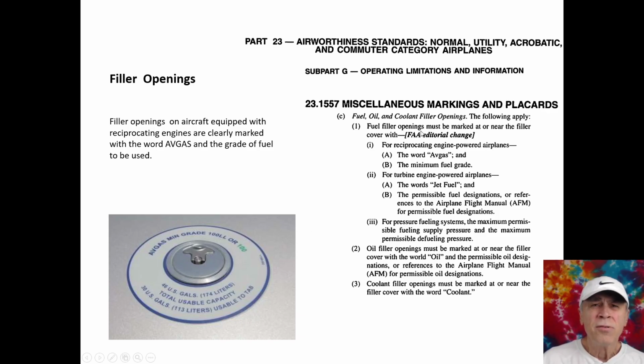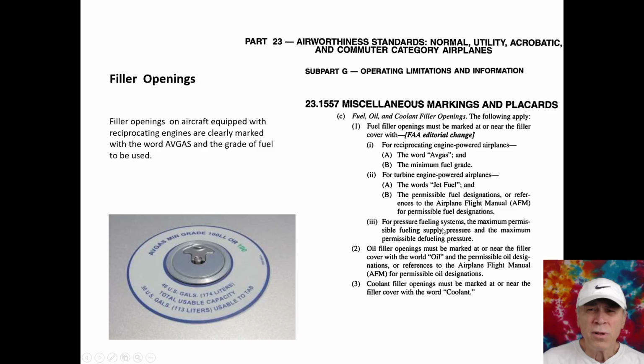and in this case it's the usable, fill it right up to a tab, which you can see when you open it up. So basically the requirements of the FAA are that at or near the filler cover you have the word avgas. That's correct, it does. And the minimum fuel grade, there it is. If it's a turbine-powered aircraft, it's got to have the words jet fuel. Maybe I have that on a different slide.